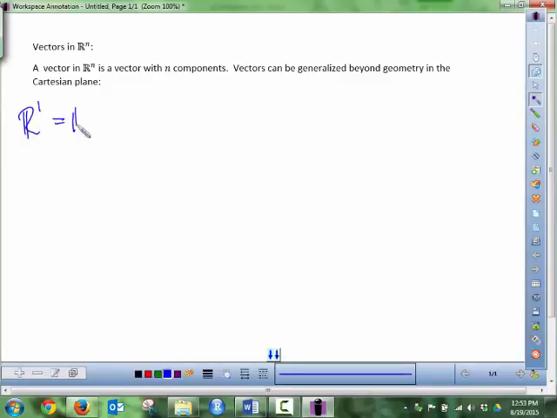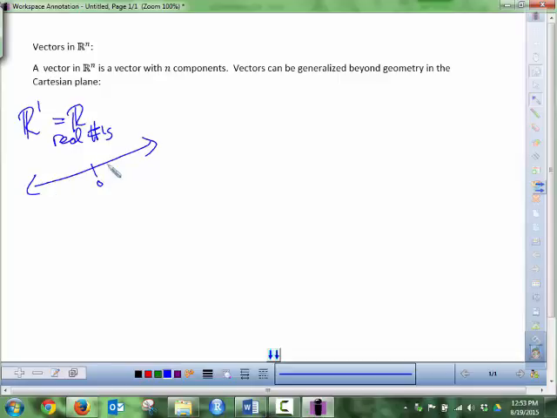R1 would just be real numbers. And you could actually denote this geometrically with just a number line. You can even anchor it at 0 if you want to, but it's just a number line that has real numbers. So this is a, I'll say it now, we'll talk about it later on. It's a 1-dimension.